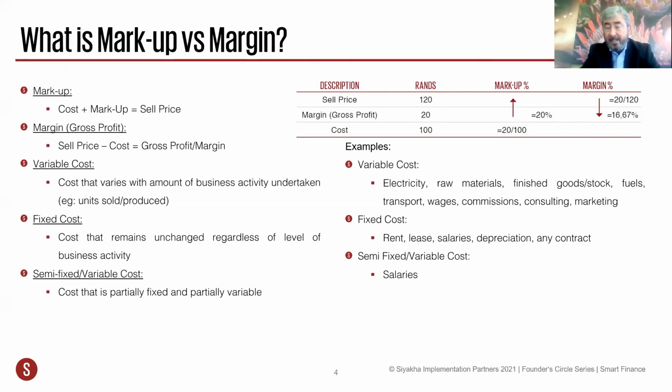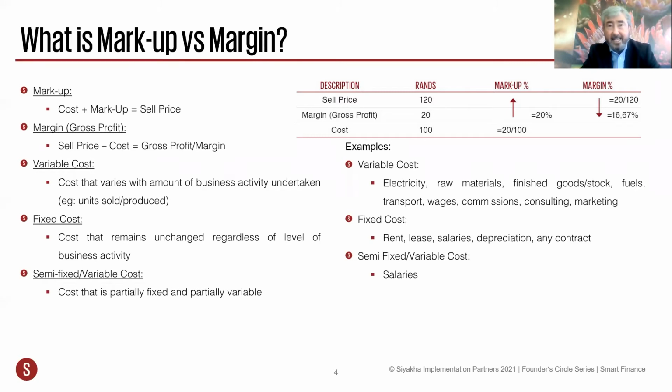And also your marketing could be linked to the amount of business activity. Those would be examples of variable cost. Typically, when we look at contribution per unit, we ask what are all the costs that we can associate to the activities that we're incurring to sell those goods.